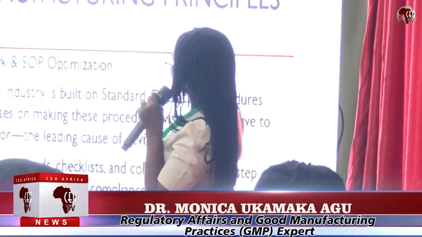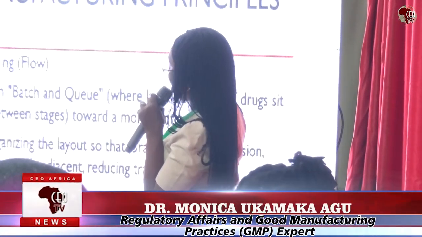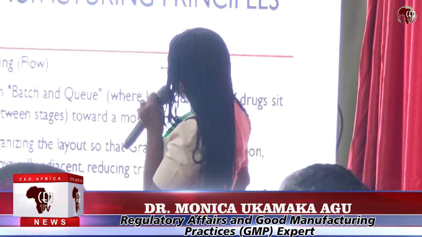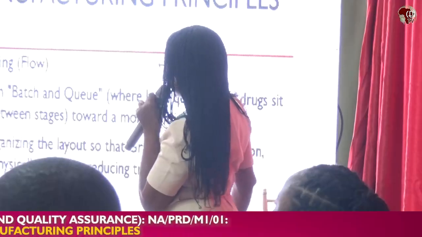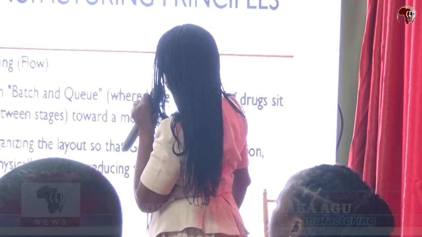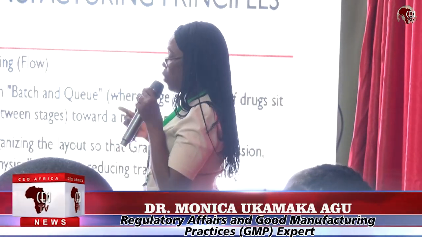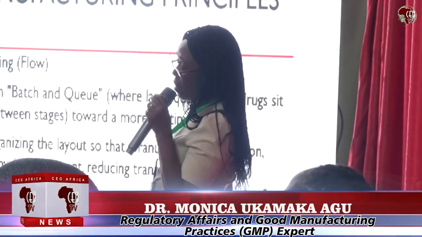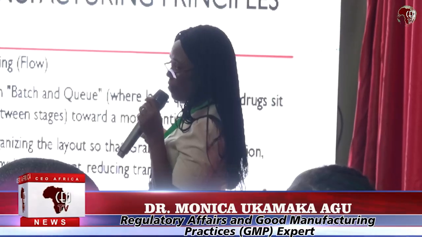Next slide, please. Cellular manufacturing is actually a tool that will improve flow. So moving away from batch and queuing, where large quantities of drugs sit in the warehouse between stages of production, towards more continuous flow. Like I said, continuous manufacturing will help you implement lean, but it calls for a lot of investment.